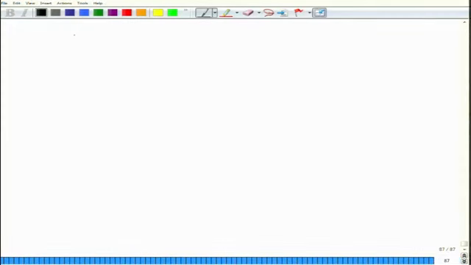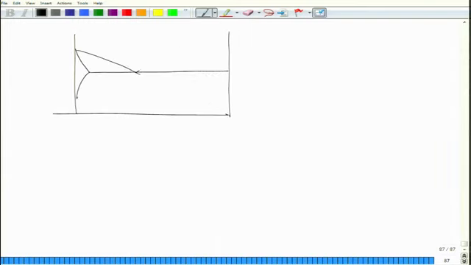So we have taken this particular composition of gamma.